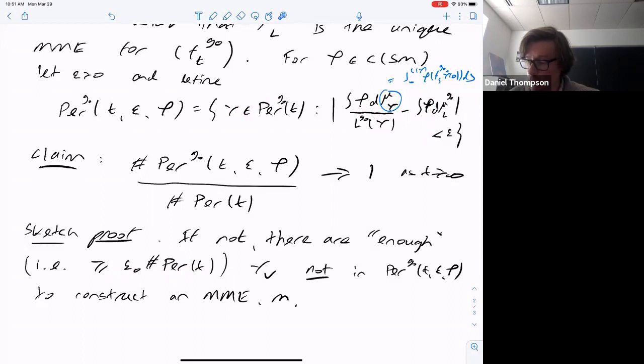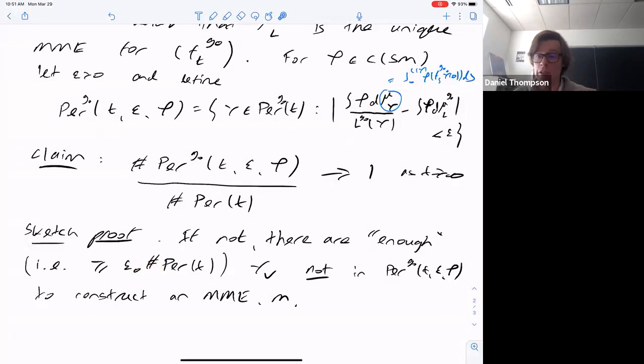Because there's this positive proportion, I can use periodic orbits to give me T epsilon separated sets. So if I have this many periodic orbits where this fails, think back to building the MME. We've used this trick a few times.